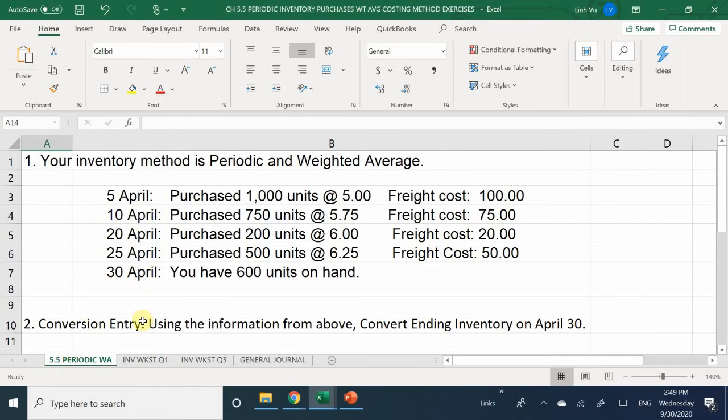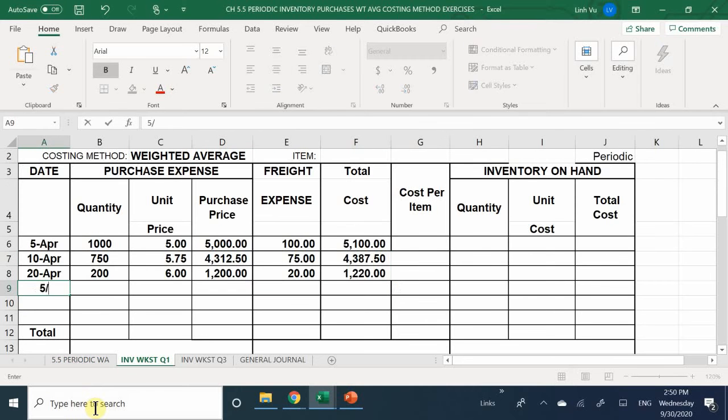On April 25th, what had happened here? We purchased 500 units at $6.25 and a freight charge of $50. So $6.25 for 500 items is $3,125.